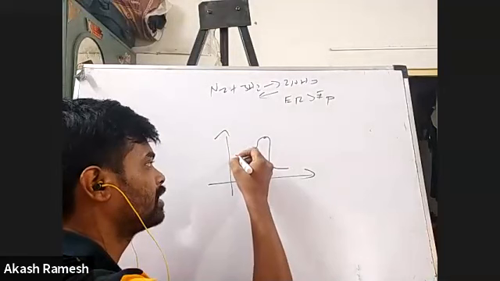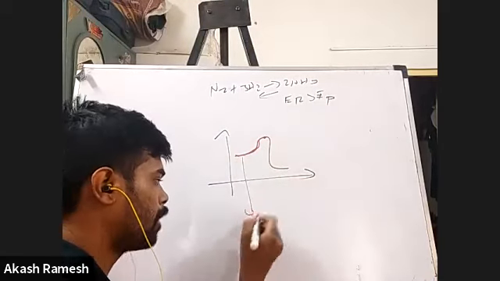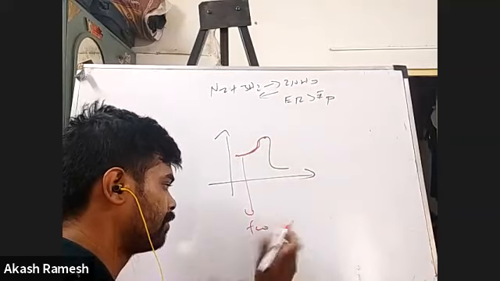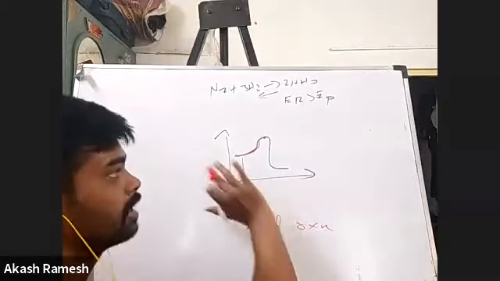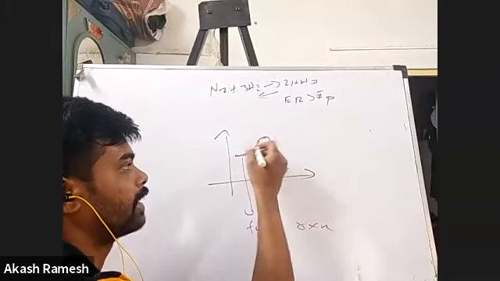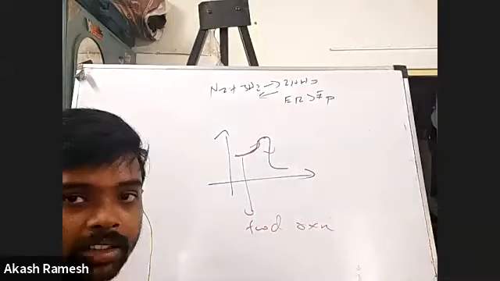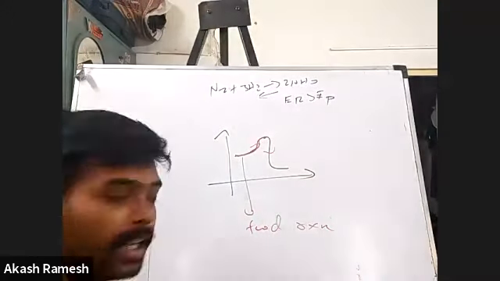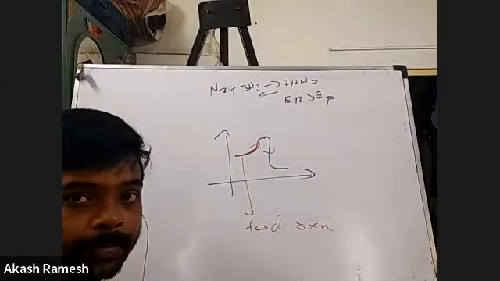This graph talks about the forward reaction, if I take the arrow marks going like this. That means it starts from the energy of N2 plus 3H2.